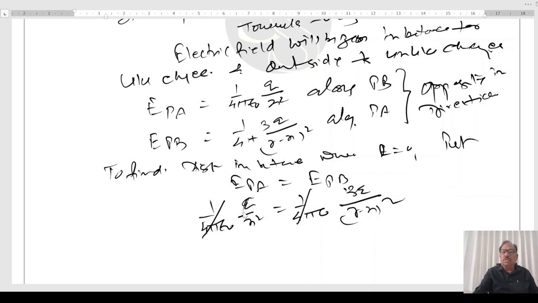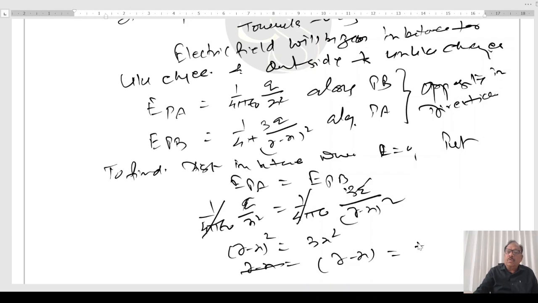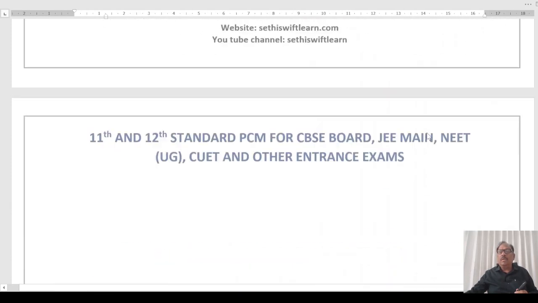This goes, this goes. Then (r minus x) whole square equals 3x square, or you can say r minus x equals plus minus root 3x.